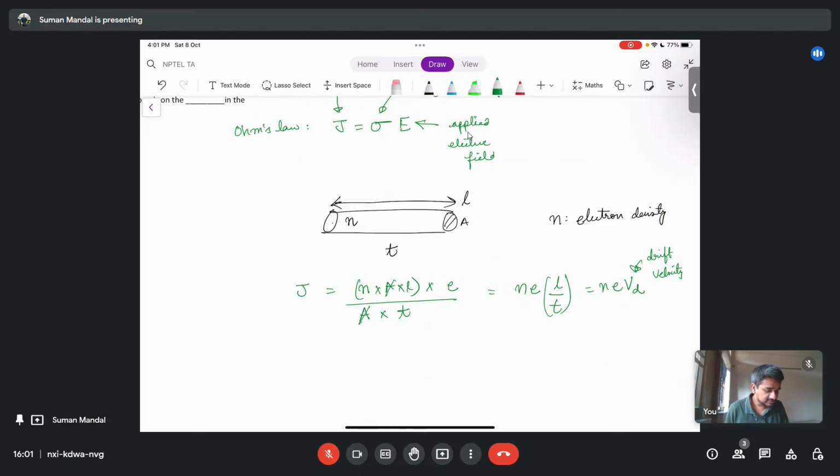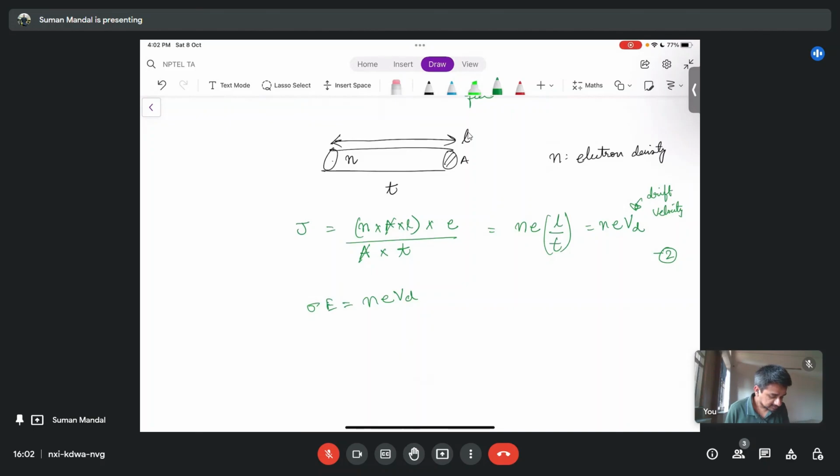We can put these two equations together, and we find that sigma E is equal to N E v_d, or sigma is equal to N E v_d by E. So sigma is actually proportional to the number of electrons. That is the first thing.